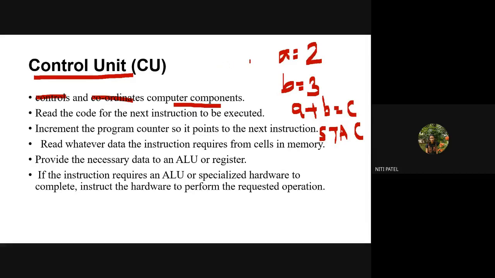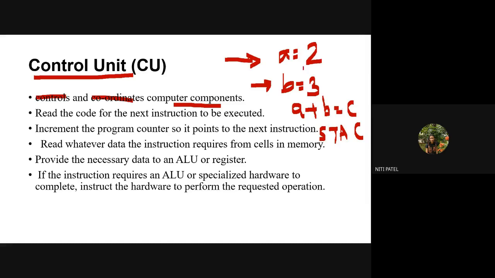It will first read which line, A is equal to 2, then B is equal to 3, then A plus B is equal to C, and then store C. So after it is reading this instruction, immediately the computer will automatically move this pointer to this particular location. Why? Because it is telling the system that as soon as you read A is equal to 2, the next that you have to read is B is equal to 3. You cannot read any other instruction.